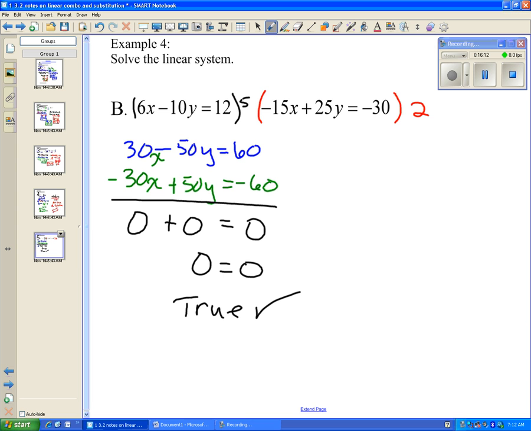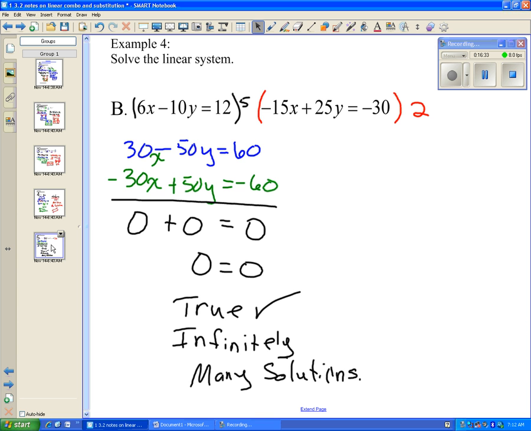Since it's a true statement, not only do I have one solution, but I have infinitely many solutions. Any numbers that I choose to plug in for x and y, I'm going to get a true answer. So there are infinitely many solutions. What does this look like?